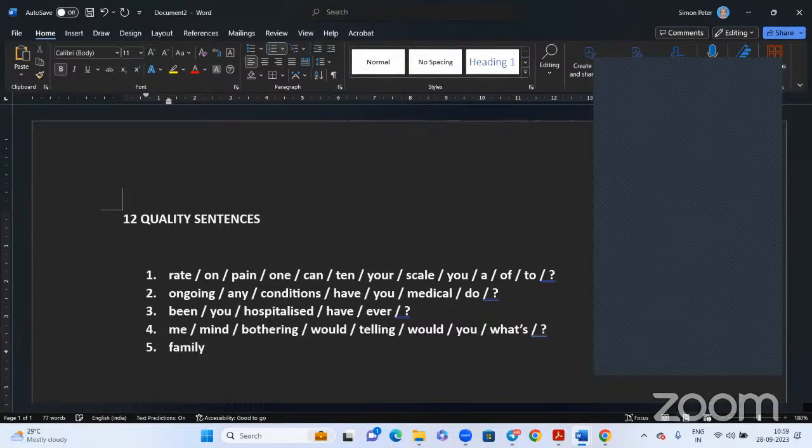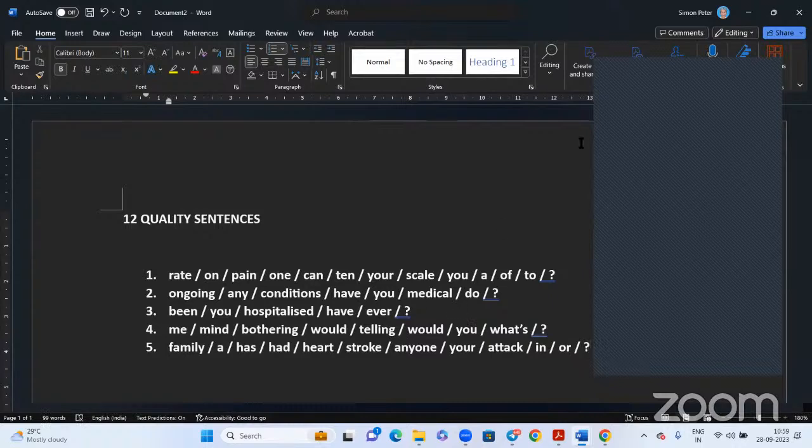Family, a, has, had, heart, stroke. Anyone, your, attack, in, or.